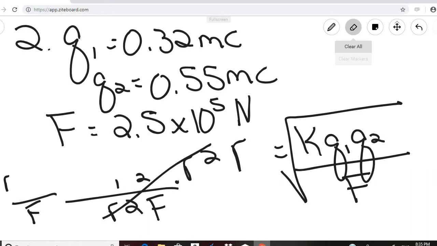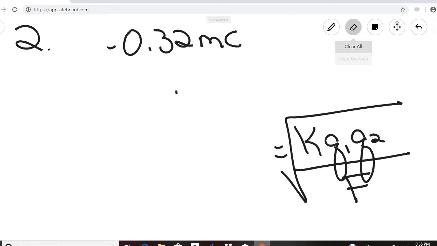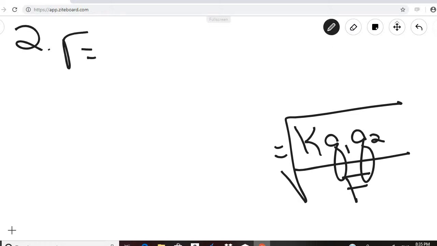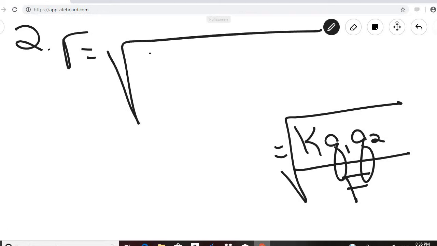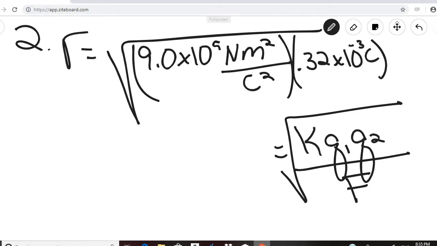Okay, so now we just need to plug in our numbers. R is going to be equal to the square root of 9.0 times 10 to the 9th Newton meters squared per Coulomb squared times our 2 charges, which were 0.32. They're in millicoulombs, so I need to change those to coulombs, so times 10 to the negative 3 coulombs.